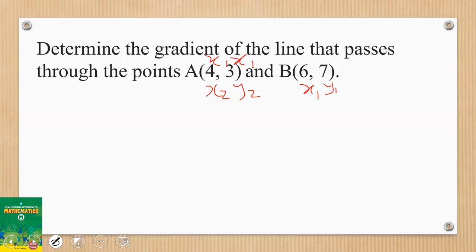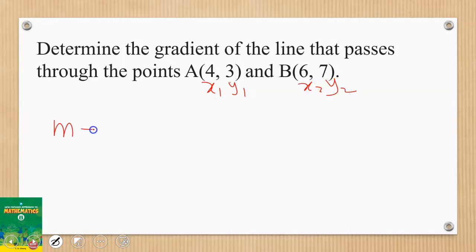No. Because for every coordinate, we have x and y. And again, don't make the mistake of calling this one x2, then calling this one y1, or calling this one x1 and this y2. That also will give you a wrong answer. So you must be careful how you label them. If you call this one x1, call here y1. If you call this x2, call here y2.